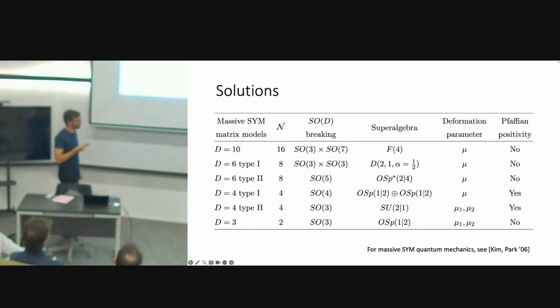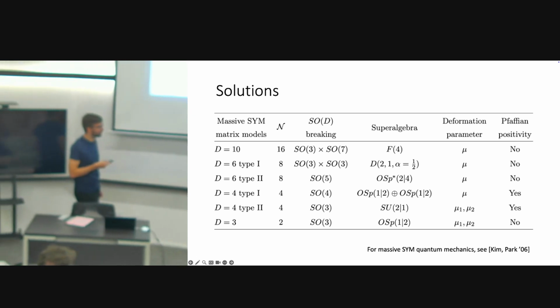I mean, often models without a sign problem are still interesting. There's usually the ones with the sign problem that are more interesting. But I just don't know. At least, even though we don't know if there is a supergravity dual or any gravity in here, we can look at things in the matrix model. We can ask questions that we cannot answer in the other approach that we can answer here. So that's the idea.